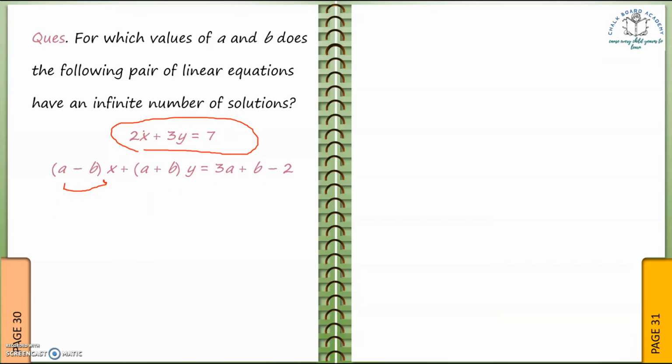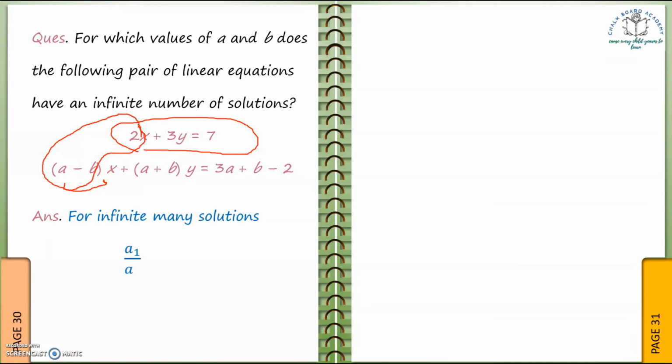Now what we are going to do is form the ratios, because it is given that it has infinitely many solutions. That means all three ratios, that is a1 by a2 is equal to b1 by b2 is equal to c1 by c2. So we are going to do that only.